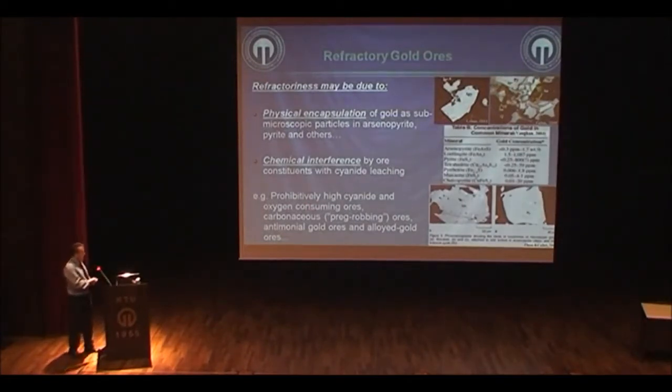These components may lead to high cyanide consumption, or oxygen consumption in the case of pyrrhotite. Carbonaceous ores, which are known as preg-robbing ores, absorb the gold as soon as it is solubilized in cyanide solutions. That's why they lead to low gold recoveries.